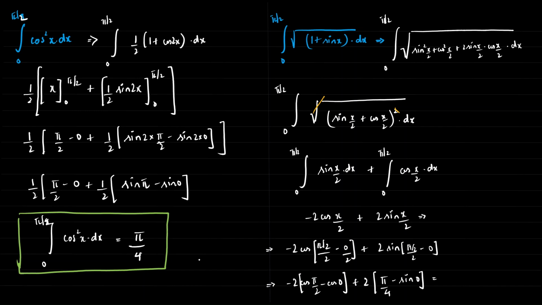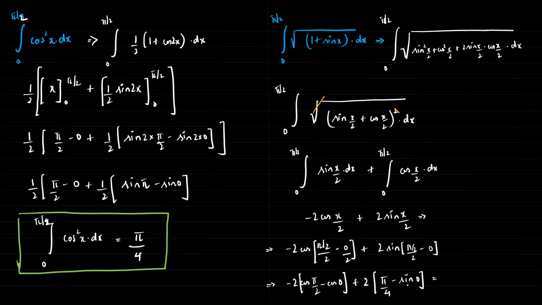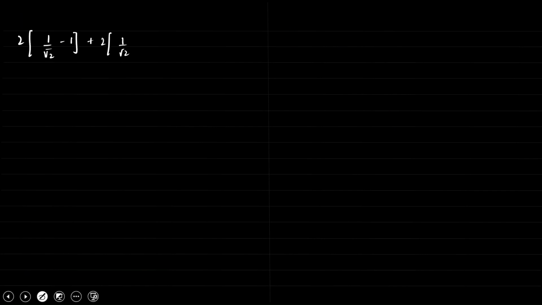I don't think I have space over here, so let me go to the next slide. And here it was 2 as it is, multiplied by cos pi by 4, which is 1 over square root of 2, minus cos 0, which is 1, plus 2 multiplied by 1 over square root of 2, and here sine 0 is 0.